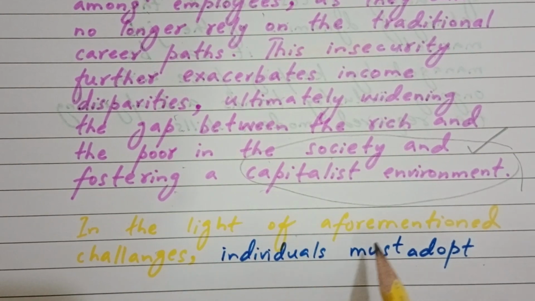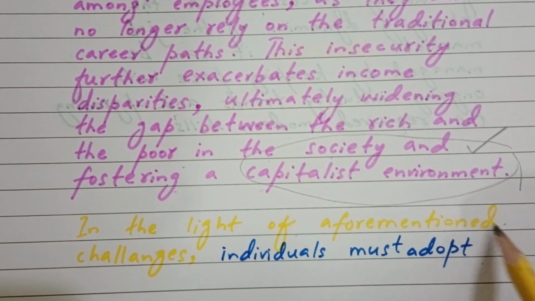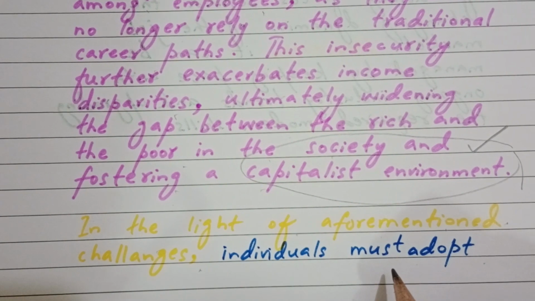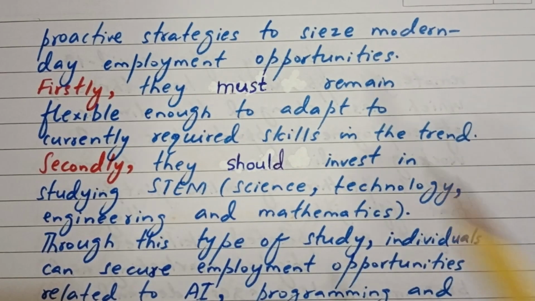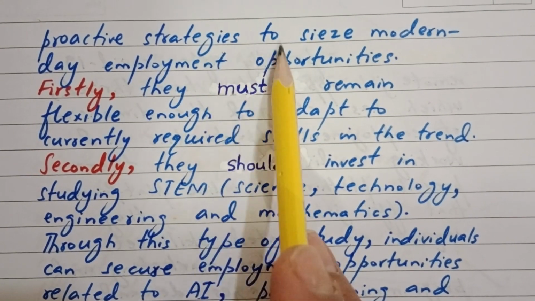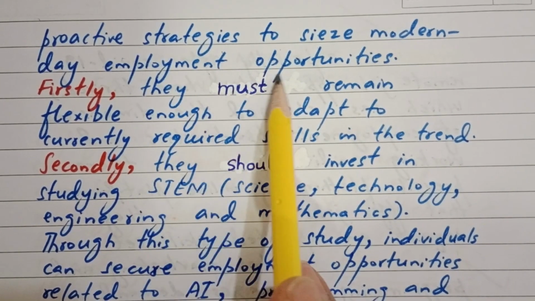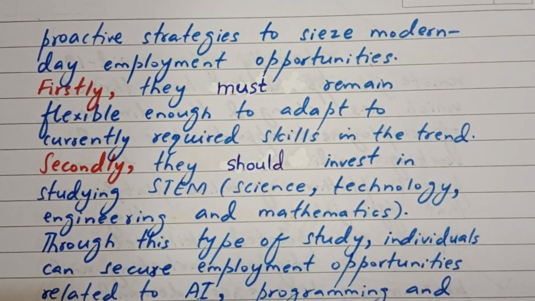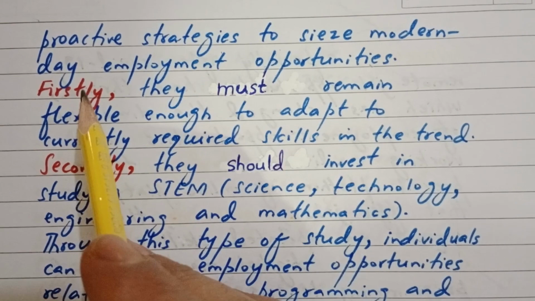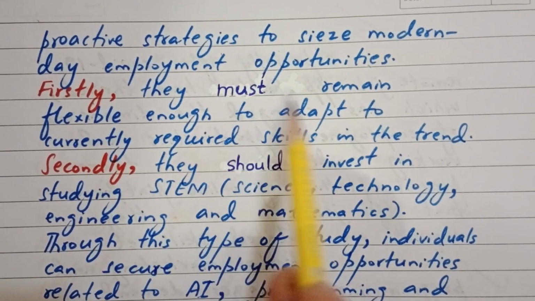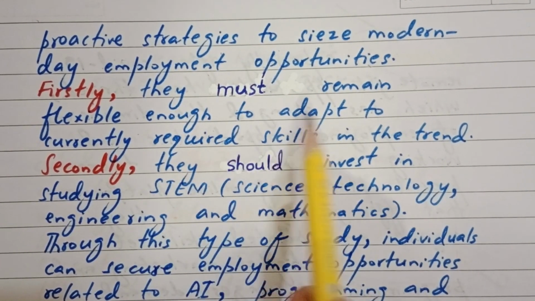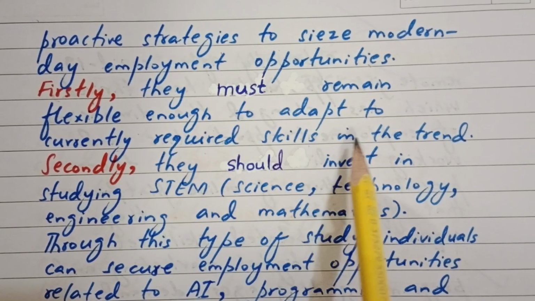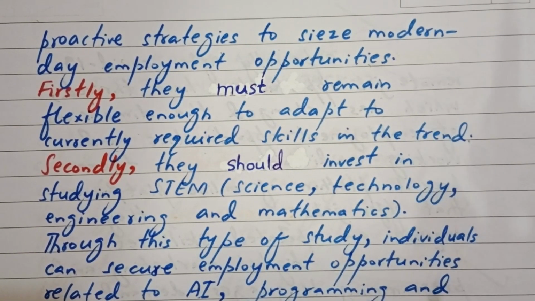In the light of aforementioned challenges, individuals must adopt proactive strategies to seize modern day employment opportunities. Now, what are those strategies? Firstly, they must remain flexible enough to adapt to currently required skills in the trend.